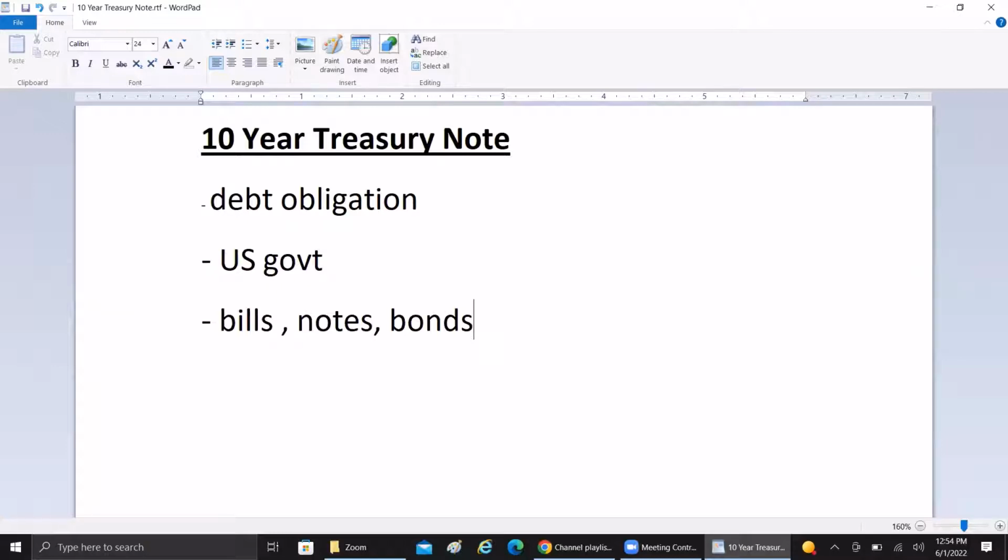So they are longer bonds, called treasury bonds. Now we are going to discuss the 10-year treasury note. The name itself implies this is going to be a 10-year maturity period from the date of issuance.